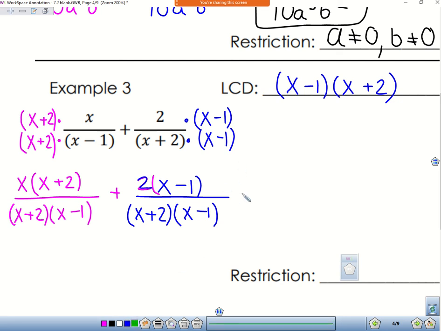And then, since they have the common denominator now, it's going to be x plus 2 times x minus 1 all over.